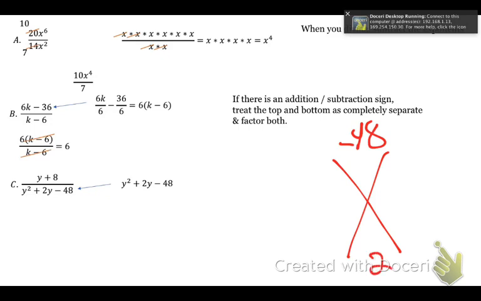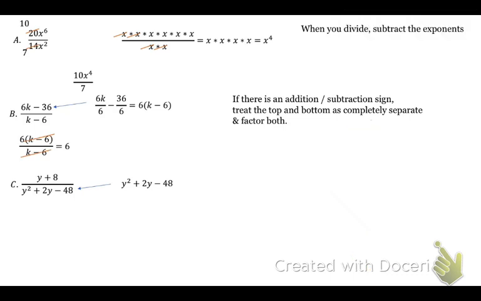I said negative, I meant positive. So then that's going to be positive 8 and negative 6. So that factors to y plus 8, y minus 6. So that's y plus 8 over y plus 8, y minus 6. Those y plus 8's cancel, and I'm just left with 1 over y minus 6.